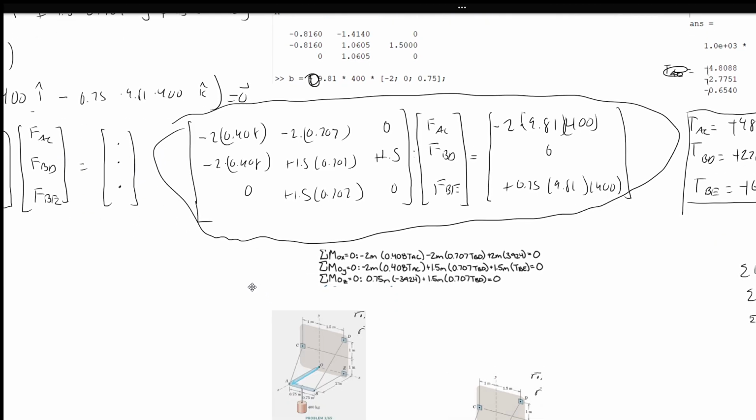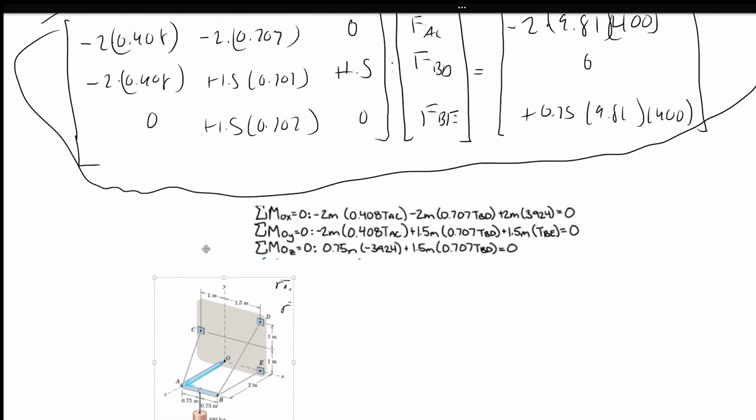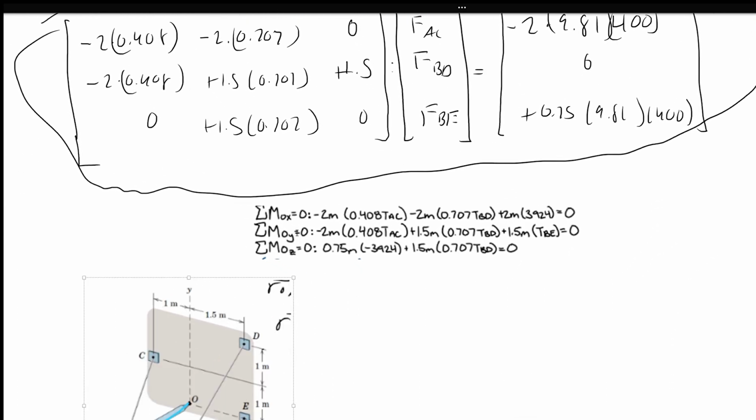All right, so the way to see this way of doing the problem, the scalar way, is to imagine different pictures. So if I had the picture where this is the z-axis, this is the x-axis, and the y-axis is coming up at us out of the plane, this would be point O, and then over here we'd have A and B. And so this would be force BE.